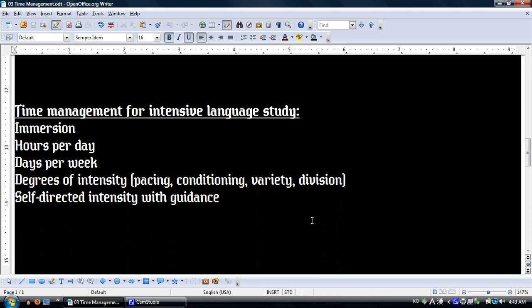And here the maximum is 6 hours a day, 3 hours in the morning and 3 hours in the afternoon. So 6 hours a day of instruction, often supplemented by 2-3 hours a day of homework, of self-study. That seems to be the maximum given at intensive immersion institutes.